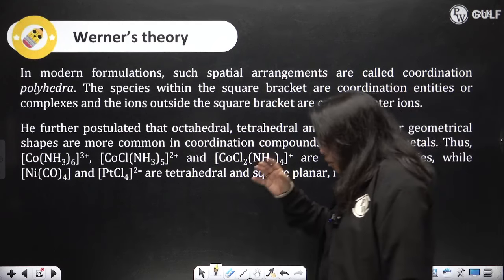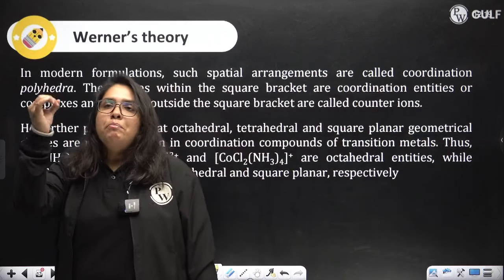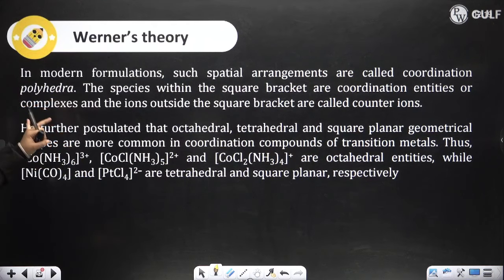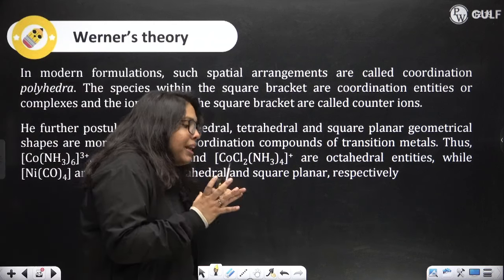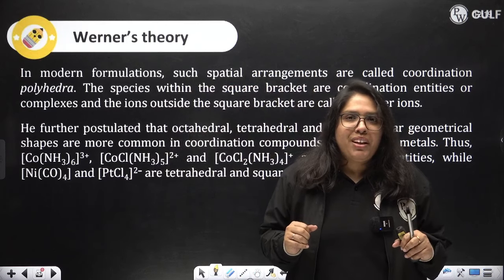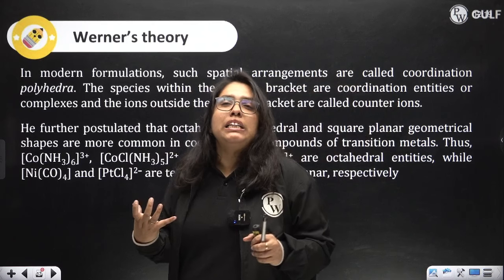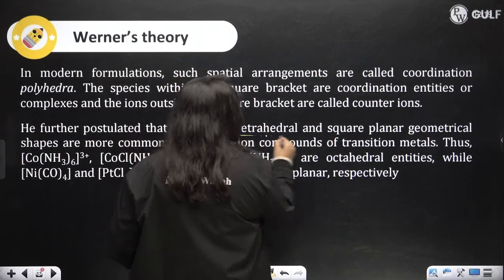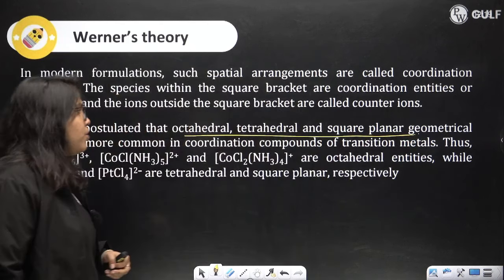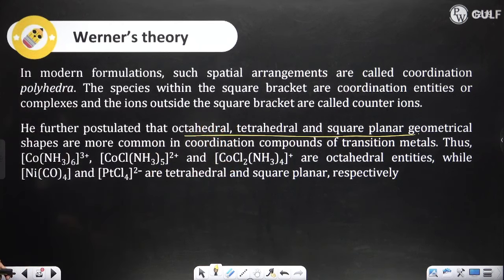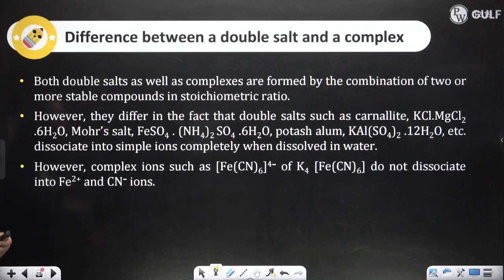So Werner's theory basically explained the coordination polyhedra in simpler terms. He tried to explain the structure, and he very nicely gave that these three, octahedral, tetrahedral and square planar, are the most common in transition metals. So this is about Werner's theory.